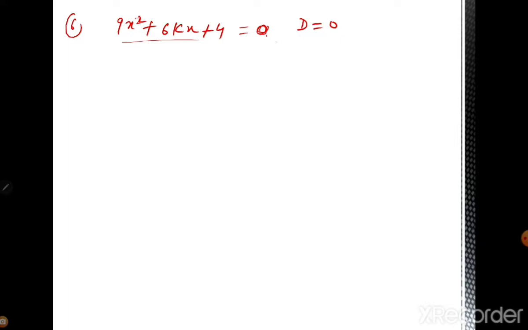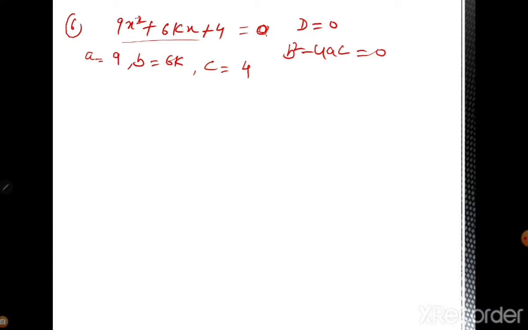So what is D? Your D is B square minus 4AC, which should be equal to 0. If B square minus 4AC is 0, that is D is 0, then the equation has equal roots. So we have to write it here first. Your A is 9, your B is 6k, the coefficient of x, and your C is the constant term, that is 4.